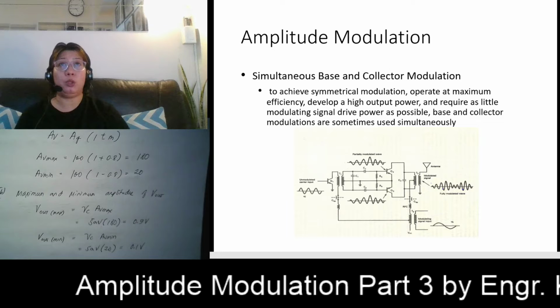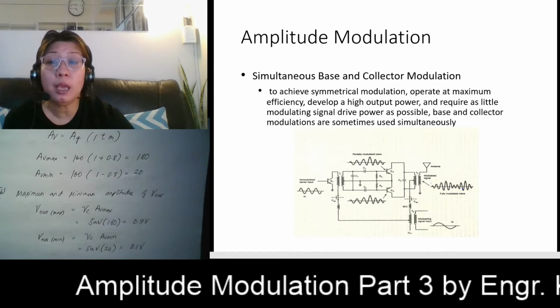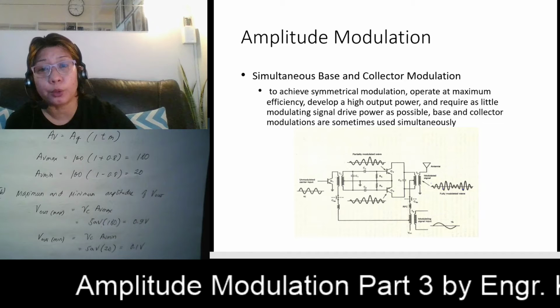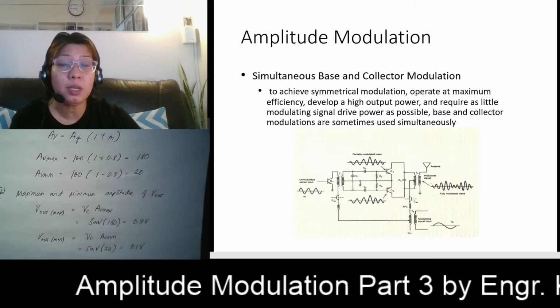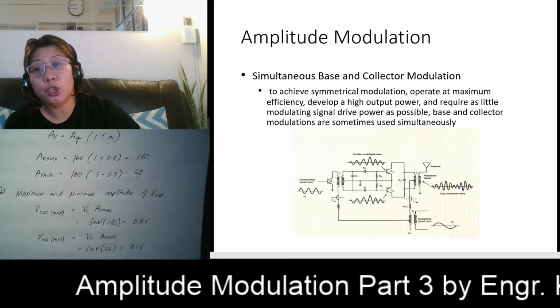So what do we do? We can still use a collector modulator, but we can apply your modulating signal simultaneously between the collector and the base. Looking here, this is your modulating signal. It is being applied at the collectors, and at the same time, your modulating signal is also applied at this Q1 here.